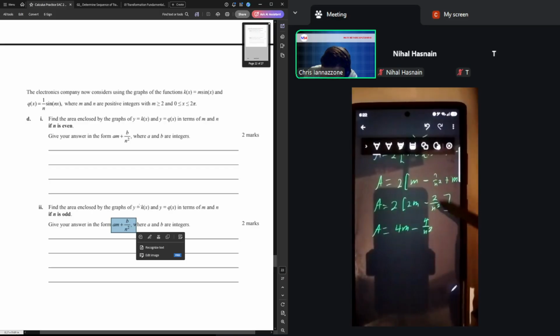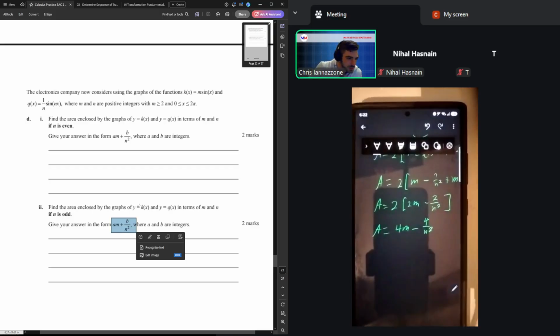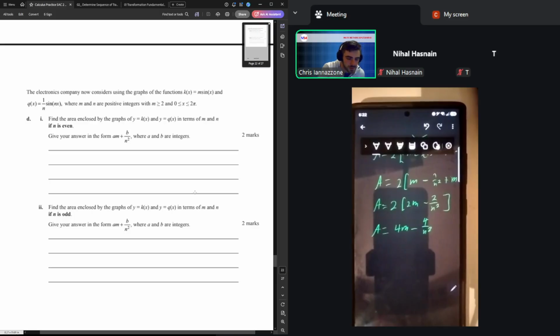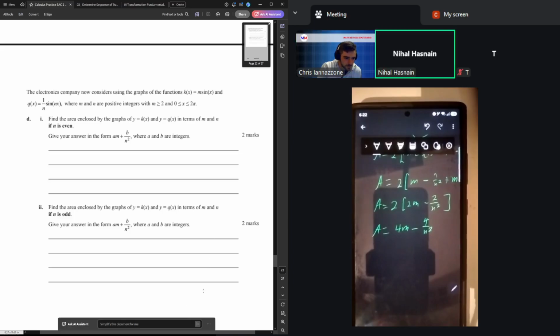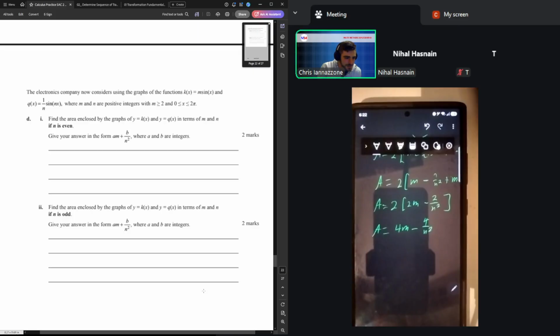A equals 4m minus 4 on n squared. I went wrong a little bit here. Is it the positive? Yeah, I've got to write it as a positive, as a plus sign there.